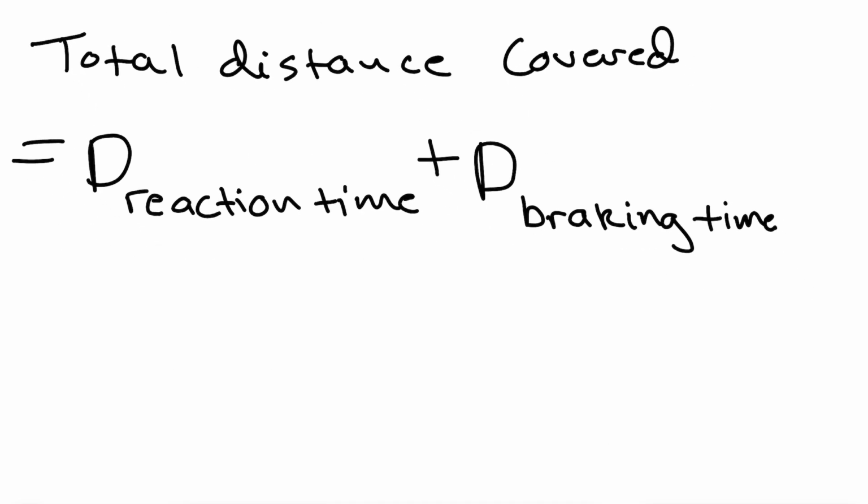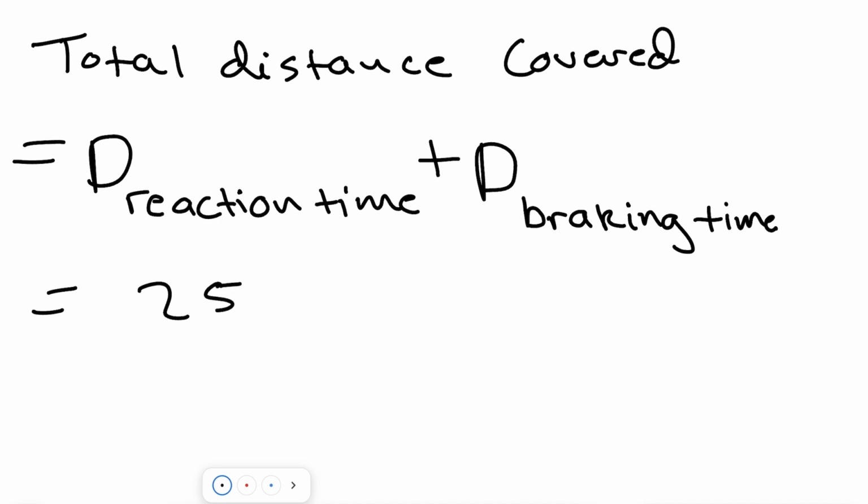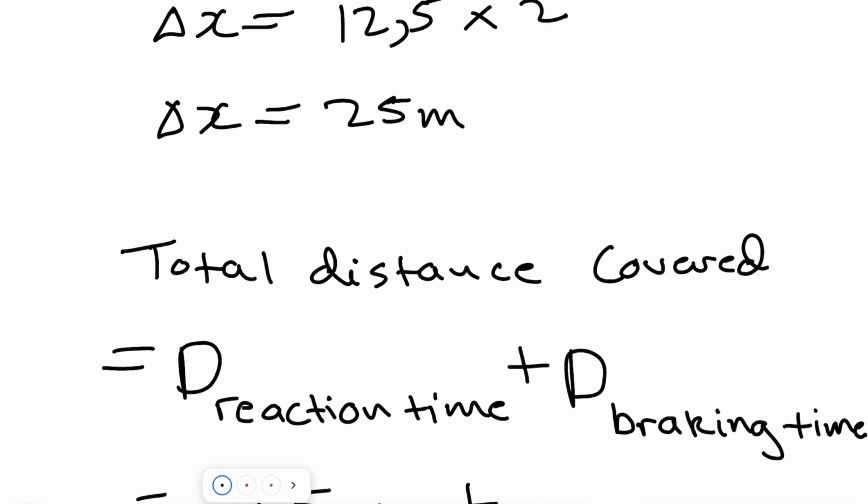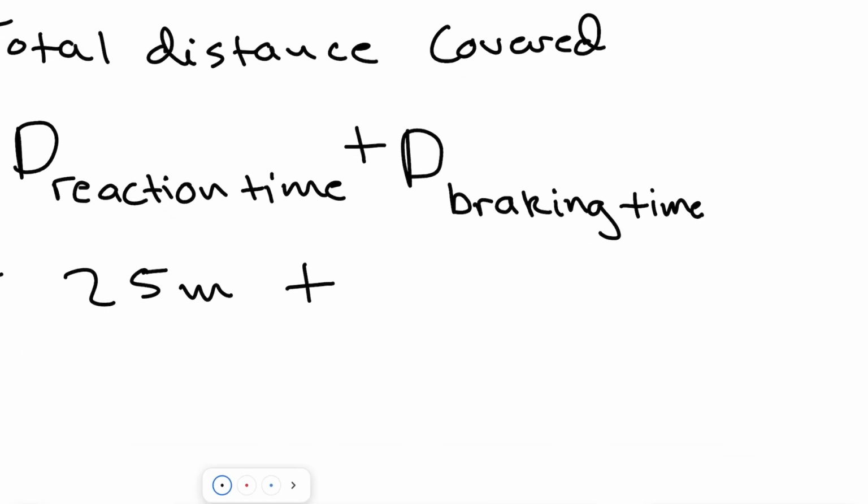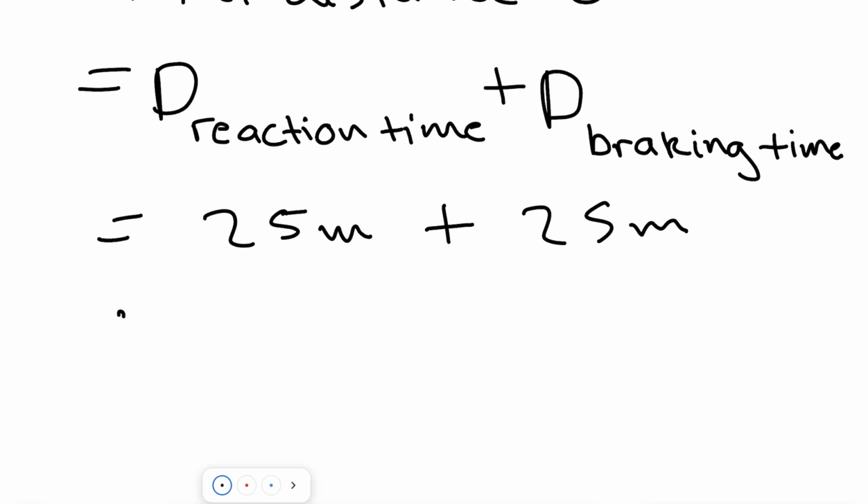In the previous question, we calculated the reaction time distance to be equal to 25 meters. Now, in this question, we calculated the distance covered during the braking time to be 25 meters as well. Therefore, the total distance covered by the taxi from the time the driver notices the red light up until he stops is going to be 25 plus 25, which is 50 meters.